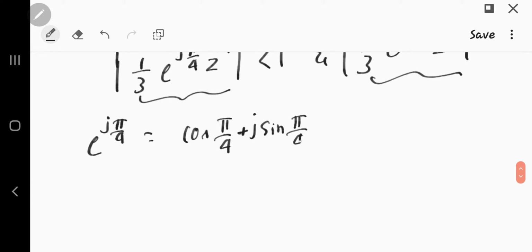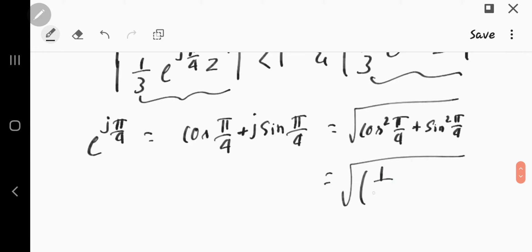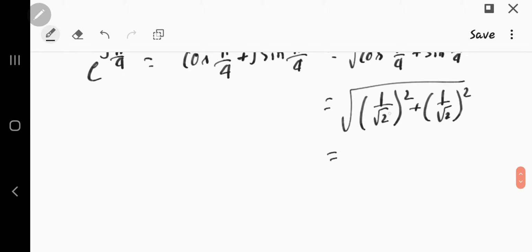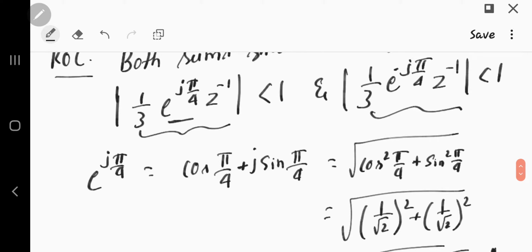Since it is mod, if you take the magnitude, that will be square root of cos square pi by 4 plus sin square pi by 4. So you will get 1 by root 2 square plus 1 by root 2 square, that means 1 by 2 plus 1 by 2, square root of 1, which is nothing but 1 itself.